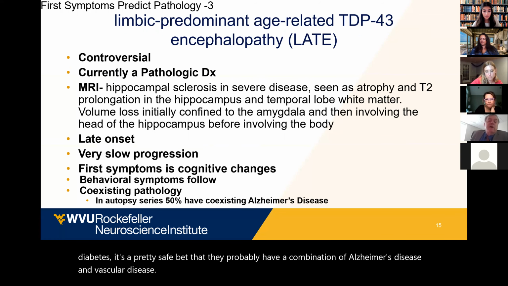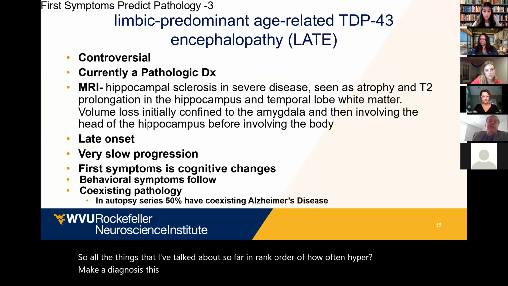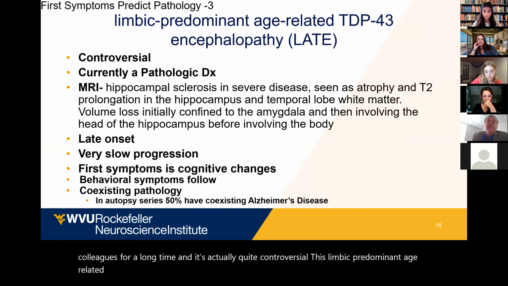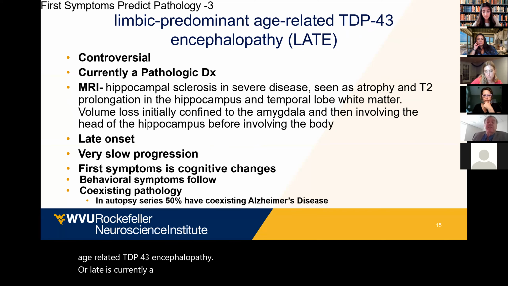So all the things that I've talked about so far are in rank order of how often I make a diagnosis. This next diagnosis is something that's going to confound me and my colleagues for a long time, and it's actually quite controversial. Limbic predominant age-related TDP-43 encephalopathy, or LATE, is currently a pathologic diagnosis.